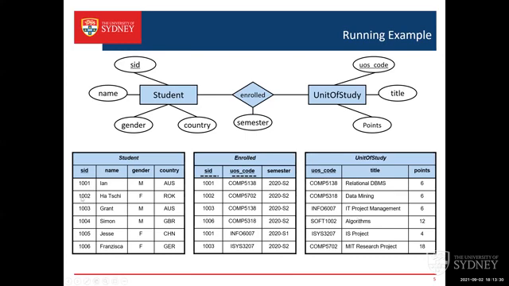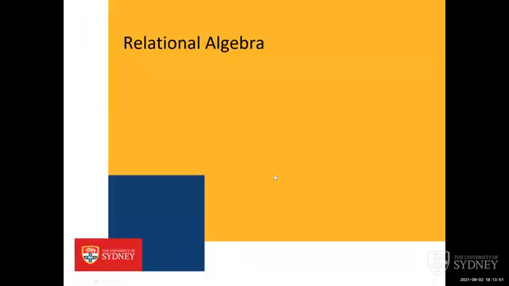Here I have 6 students, and 6 units as well. The enroll table shows which student is enrolled in which unit of study, in which semester. Based on that, we will write some SQL queries and some relational algebra. Okay, first, relational algebra.